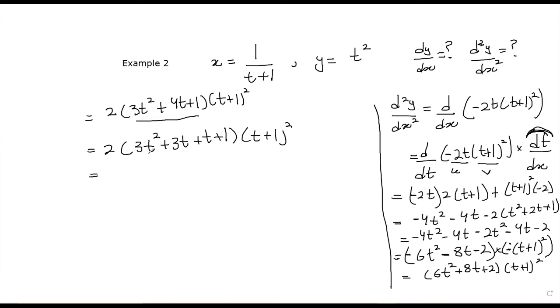We realize that 3t is common in these two terms, so we take 3t common, and we are left with t plus 1. In the other terms we don't have anything common, so we simply take plus 1 out, and we are left with t plus 1.